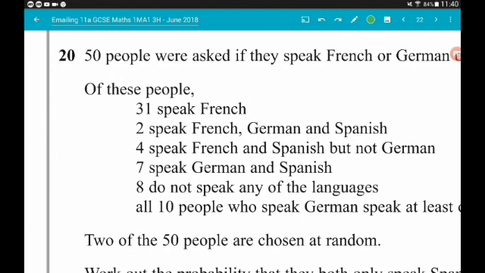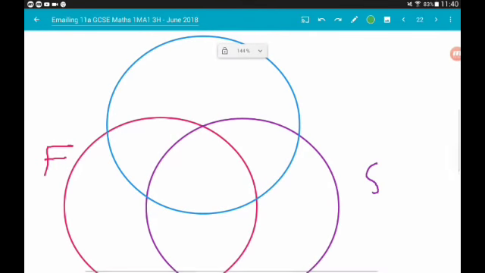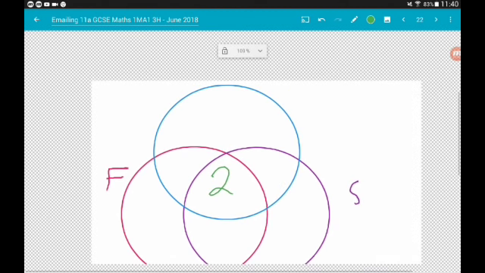Not useful to us yet, because we don't know how many of them speak other languages too. 2 people speak French, German and Spanish. So we can put that one in. That's going to go in the middle where all 3 circles intersect.